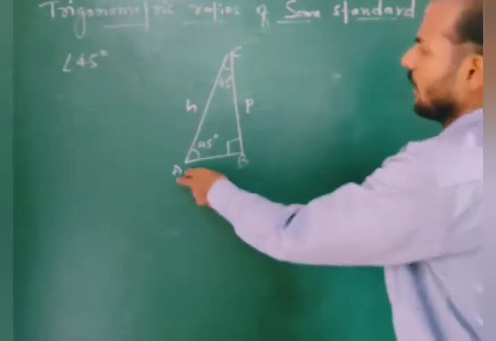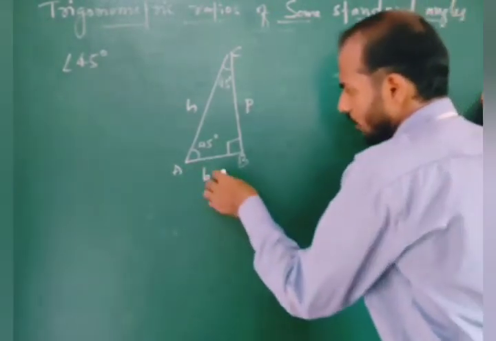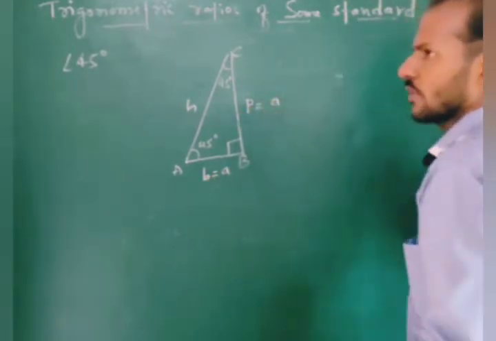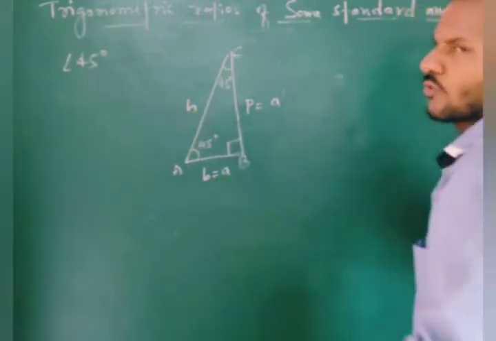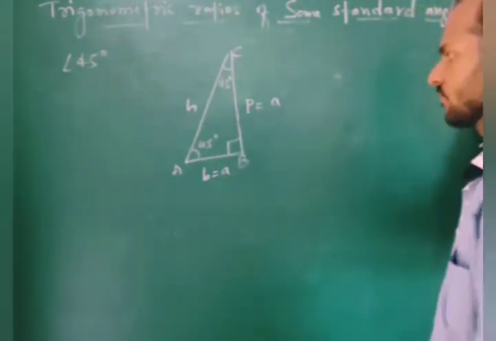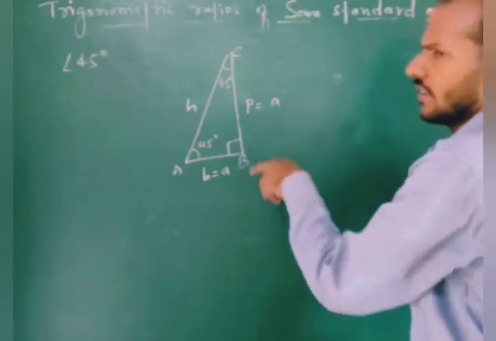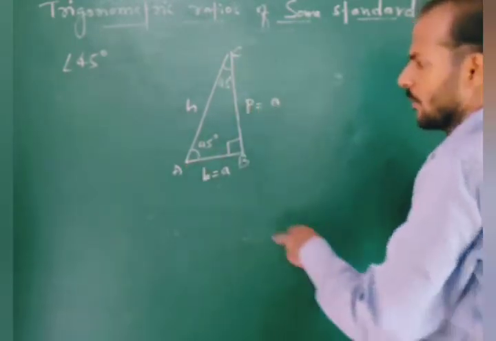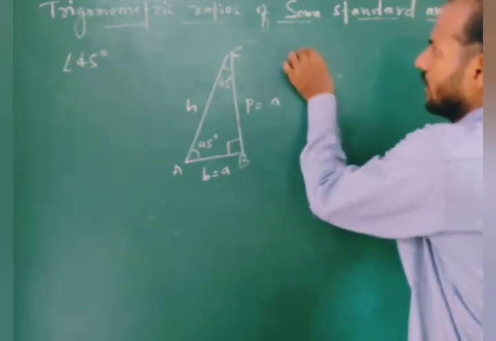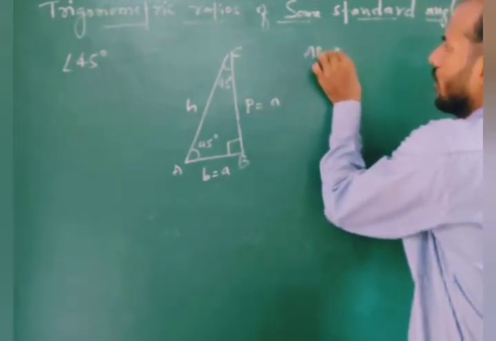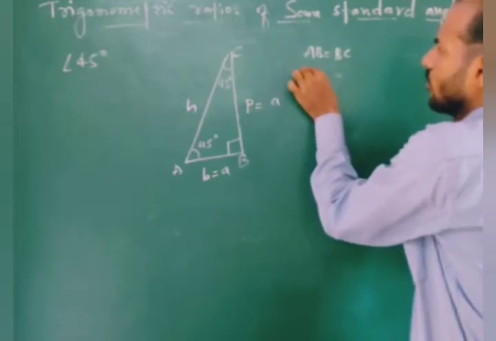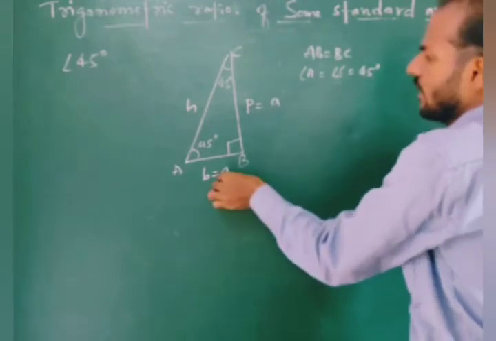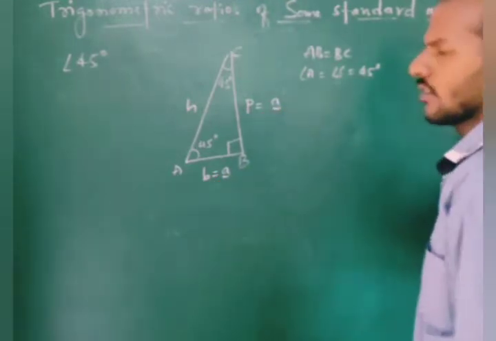Now AB equals BC. Let us consider base B equals a, and perpendicular P is also equal to a. Now we have to find the value of h, which we don't know. These two sides are equal, because in an isosceles right angle triangle, angle A equals angle C, which is 45 degree, means AB equals BC.